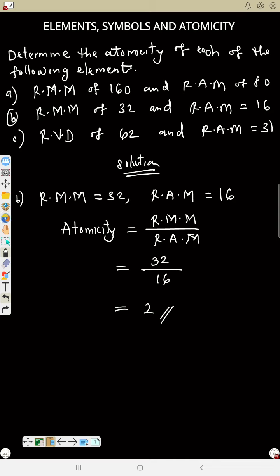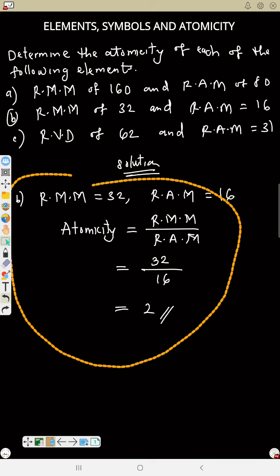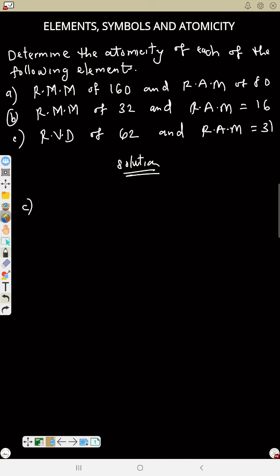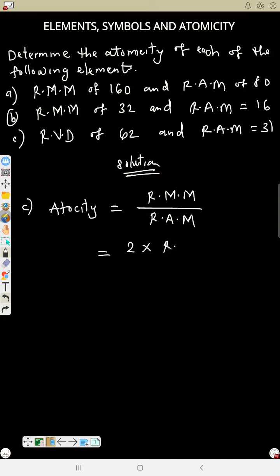Also, C. Relative vapor density of 62 and relative atomic mass of 31. So now, for the C, atomicity is what? In terms of relative vapor density, we know that relative molecular mass is 2 times relative vapor density, so atomicity is 2 times relative vapor density divided by relative atomic mass.